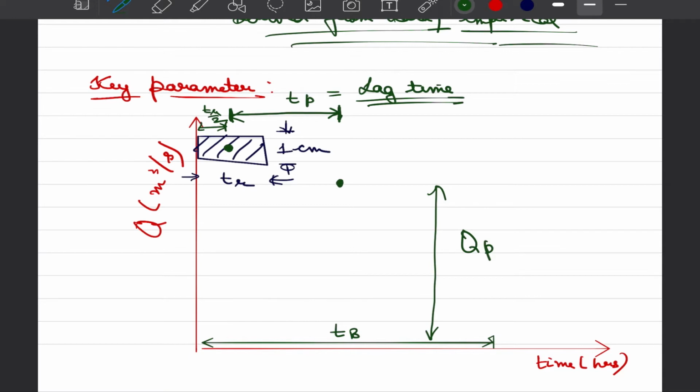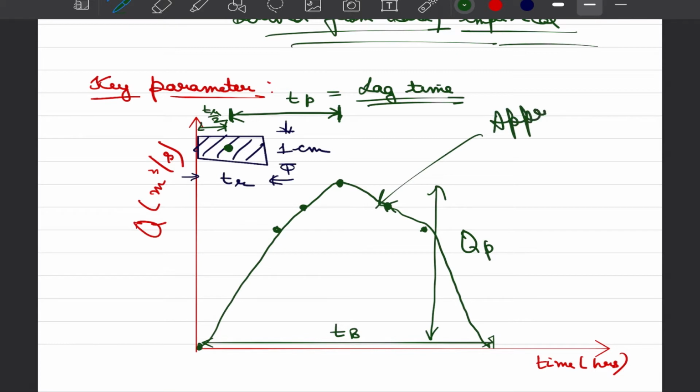Also, if I tell you the width of this hydrograph at two sections, then using all these points, we can join the origin with these points using smooth curves, making sure that it ends at TB. We can come up with an approximate shape of the hydrograph.